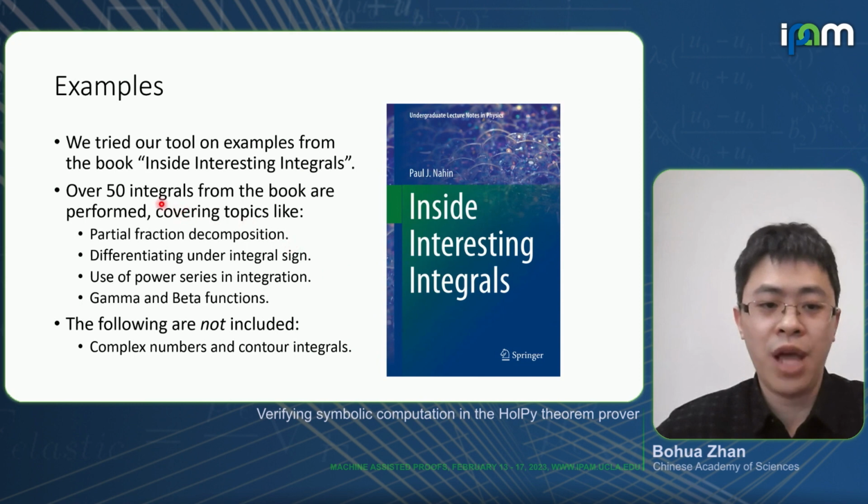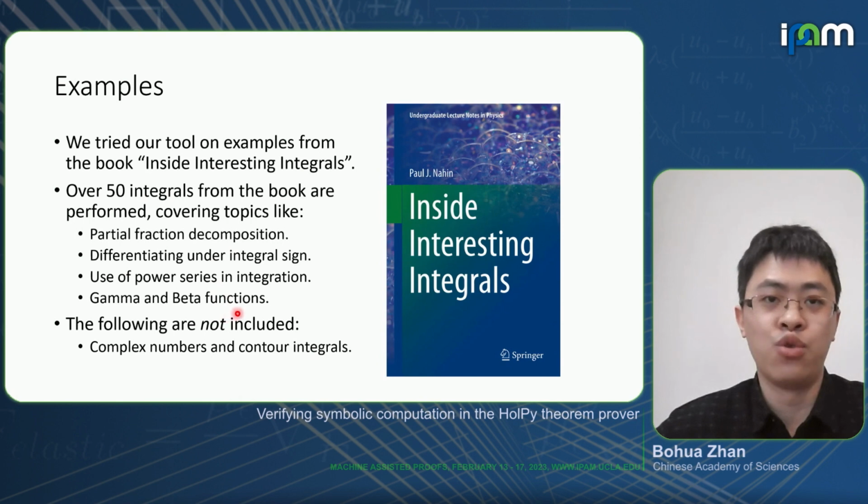And we have performed over 50 integrals from this book, covering topics like standard ones like partial fraction decomposition, as well as more advanced techniques such as differentiating under the integral sign or using the power series in integration.